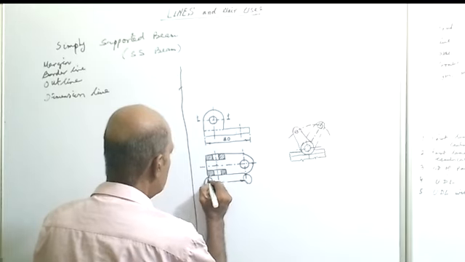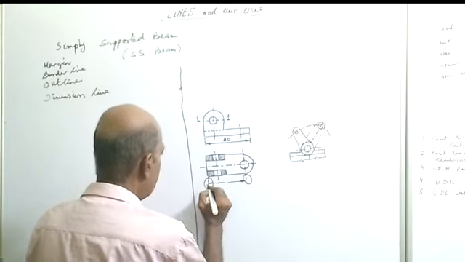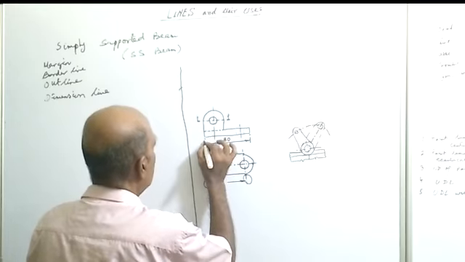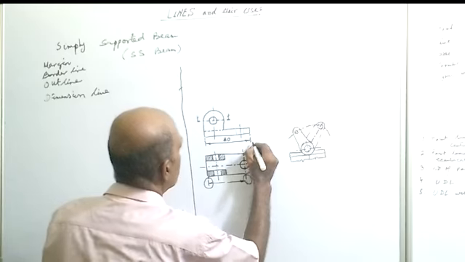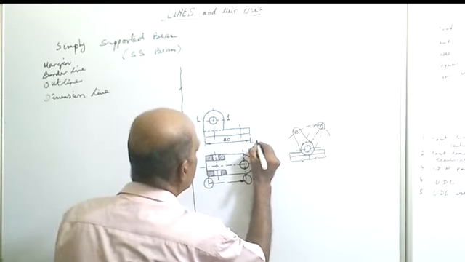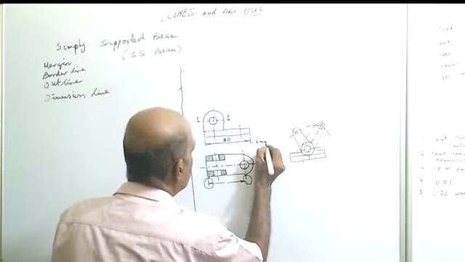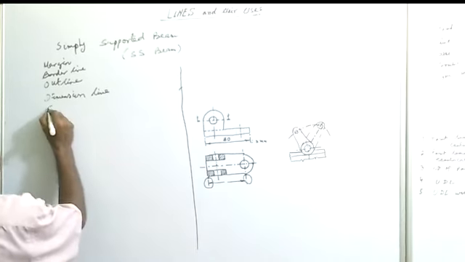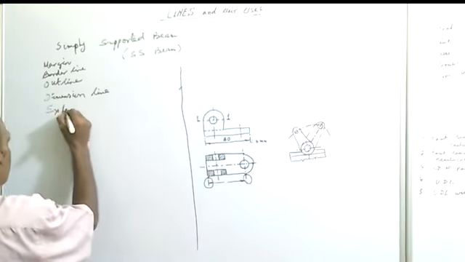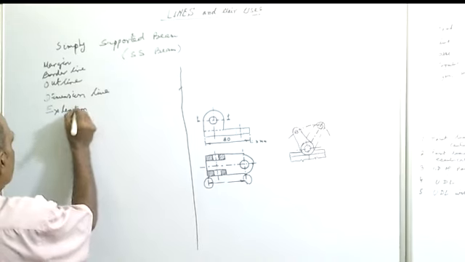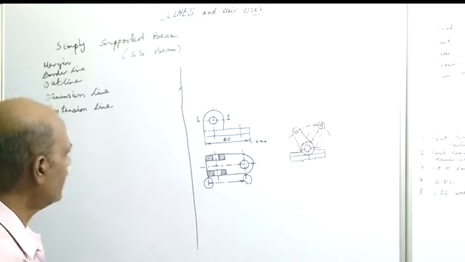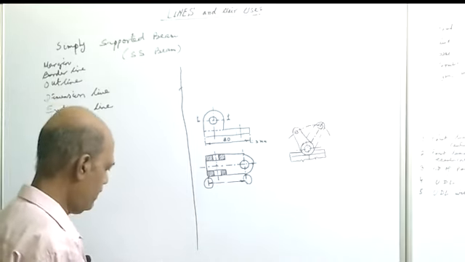For this line, leave 1 to 2 millimeter, then put a dot, then again leave 1 to 2 millimeter, and it extends a maximum of 3 millimeter beyond the arrowhead. So this is called the extension line.